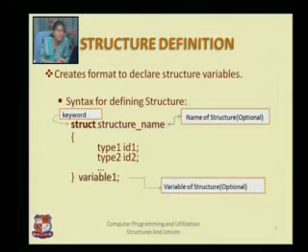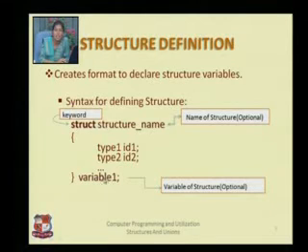Then we start with the second member declaration. These things are known as members of this structure: type 1, ID 1, type 2, ID 2. ID 1 and ID 2 are the member variables of this structure.